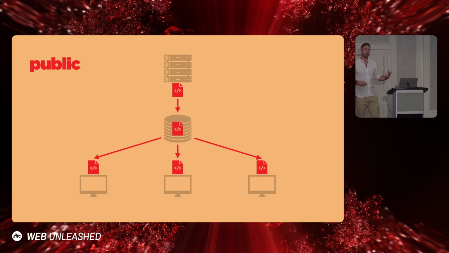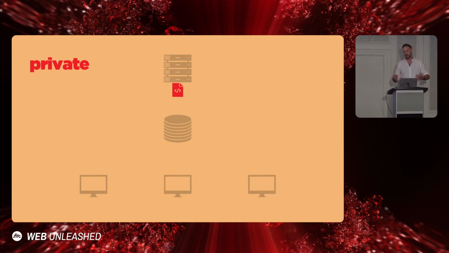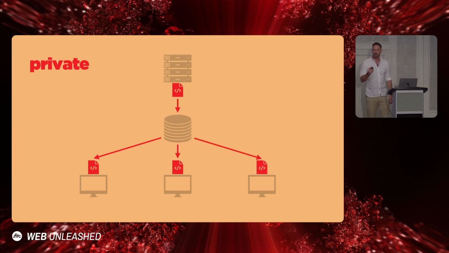A response carrying a private directive will still pass through your CDN, but it will not stay there. It's only intended for the requesting party. The client that requested that response is the only person who gets a copy of that exact response. Visually, it passes through your CDN, but does not persist. This is where the whole problem with the CDN that I mentioned comes in, because there's a certain CDN that will share these files, even if they're not meant to.